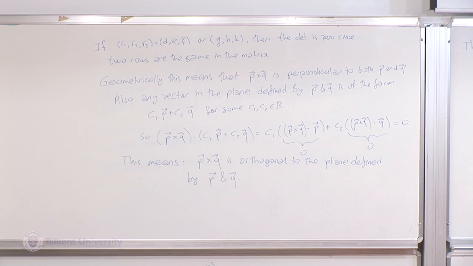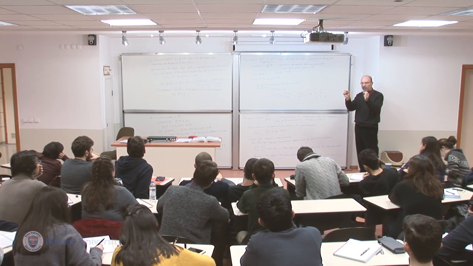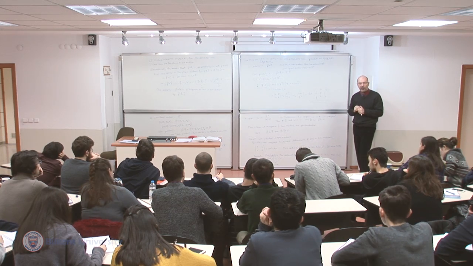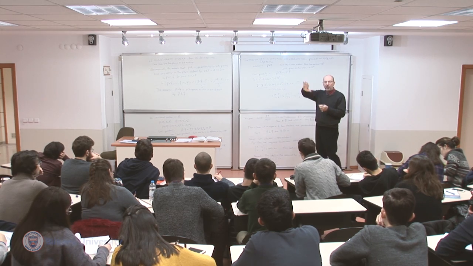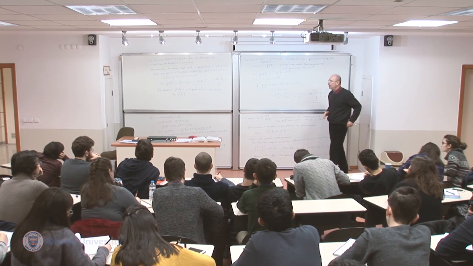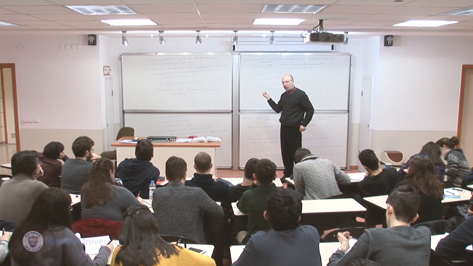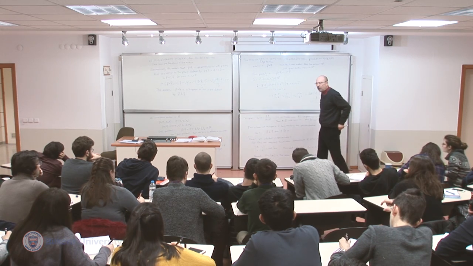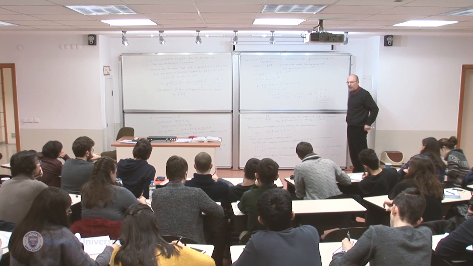We know that 3 points always define a plane. Here P and Q give you 2 points at their tips, but all vectors start from the origin, so the origin is always a point. So you have 0, P, and Q. These 3 points determine a plane. You take P cross Q or Q cross P. One of them points this way, the other points this way. That is a vector perpendicular to this plane.